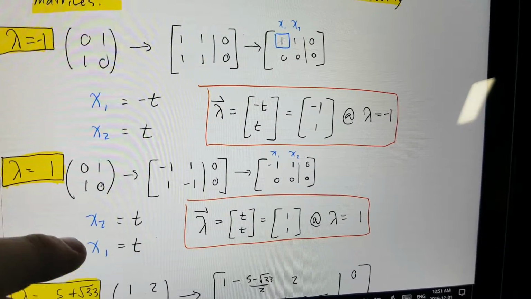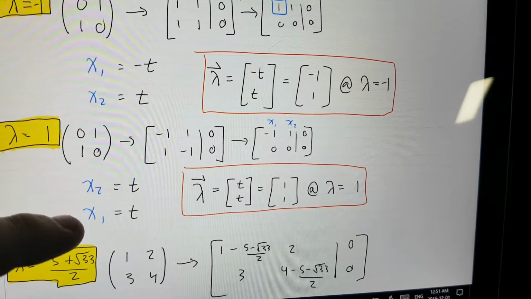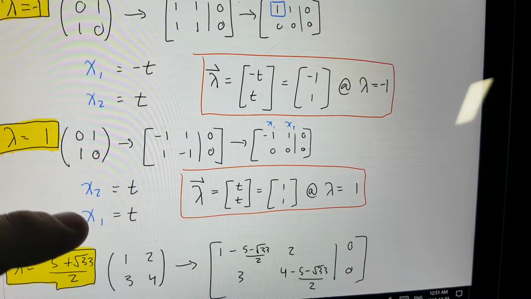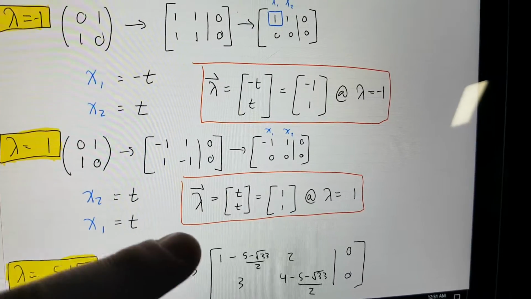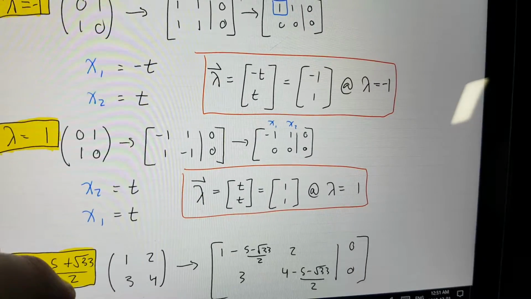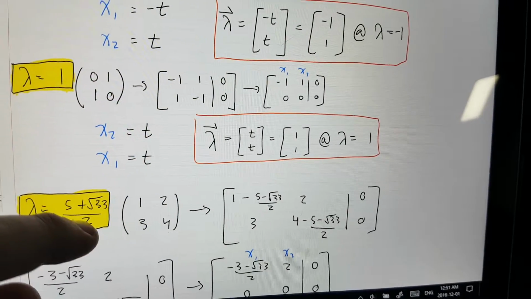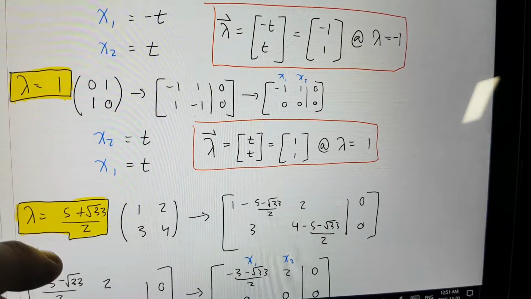That'll come into effect later. It's more obvious here because you can just go ahead and add the 2 rows and you'll get the same thing. Well, it looks like we got the same answers for x1 and x2 in terms of t, because x2 is a free variable.